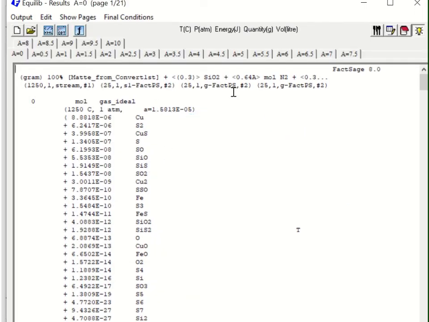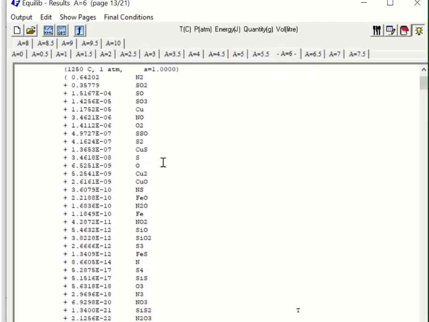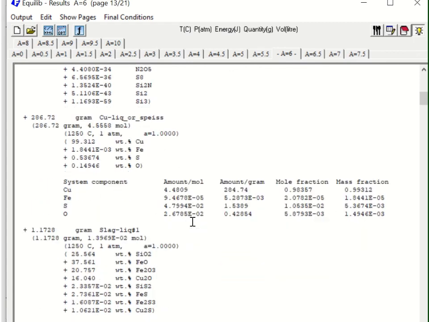If you look at this one, at 6, for example, you again have a very high amount of SO2 being produced, and you have to collect that for sulfuric acid generation. And then you have the copper, which is like 99.3%. And then you can see there's sulfur, and there's oxygen, and iron is almost 0. So these two are the main impurities in the copper here.